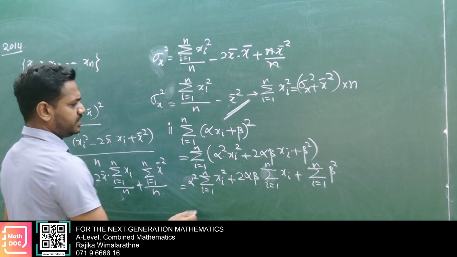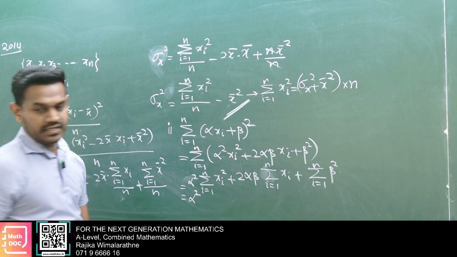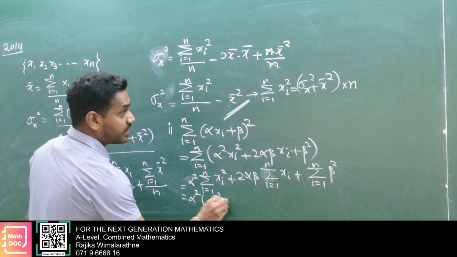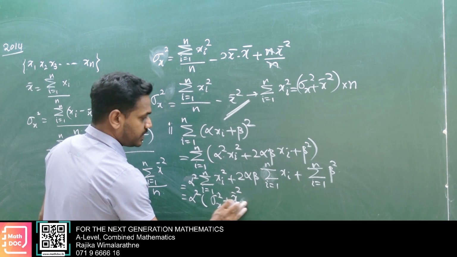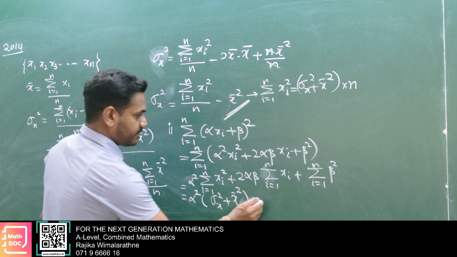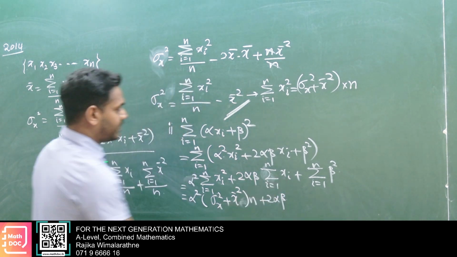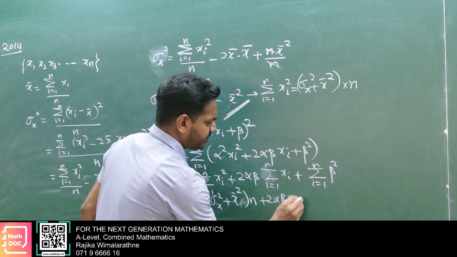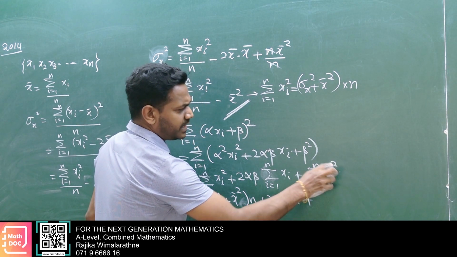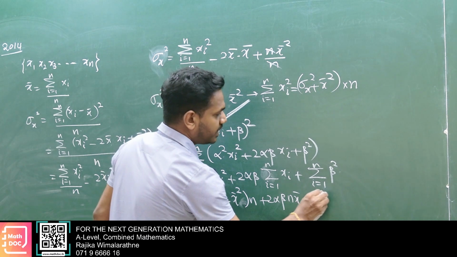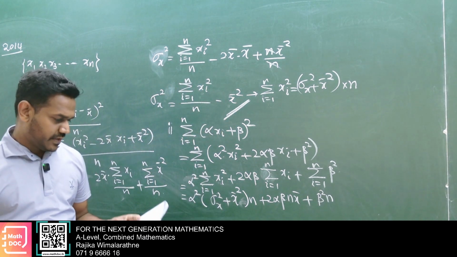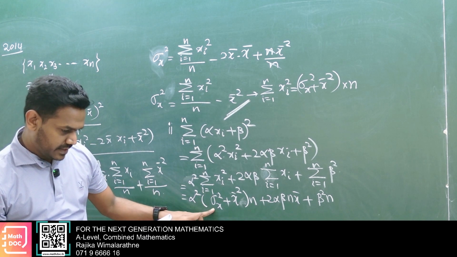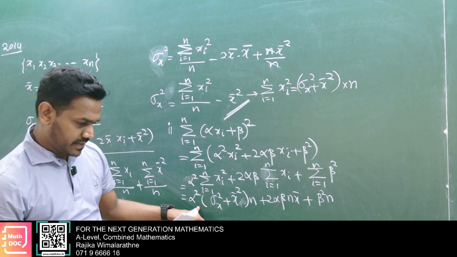Put this one here: alpha squared times (sigma x squared plus x bar squared) times n, plus 2 alpha beta sigma xi, where sigma xi equals n x bar, plus sigma i equals 1 to n of beta squared, which means beta squared n. Now it is done. Then here n alpha squared sigma x squared.